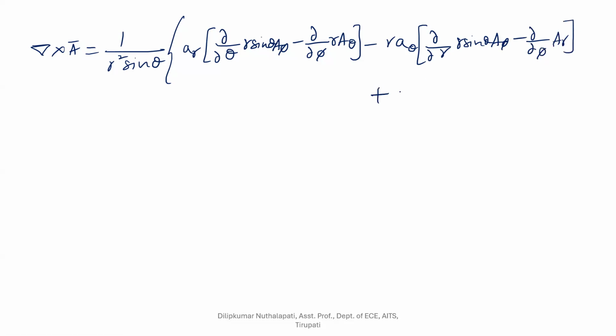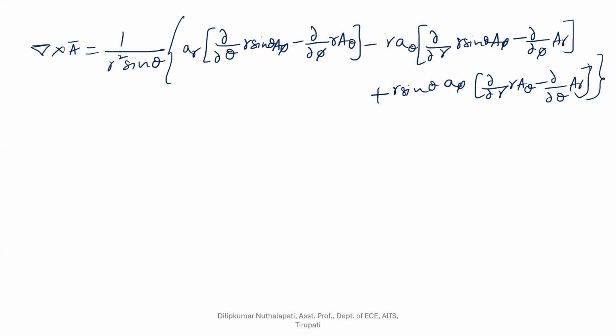The last term is plus r sine theta a phi into dou by dou r into r A theta minus dou by dou theta into Ar. So this is the term we get after expanding del cross A bar using the spherical coordinate system.